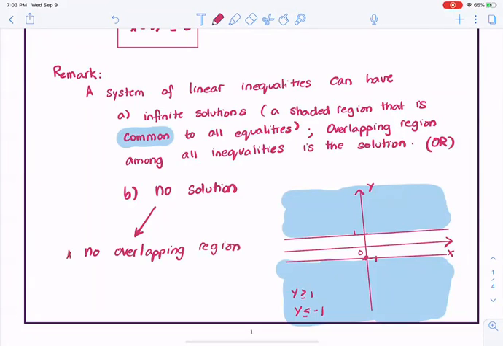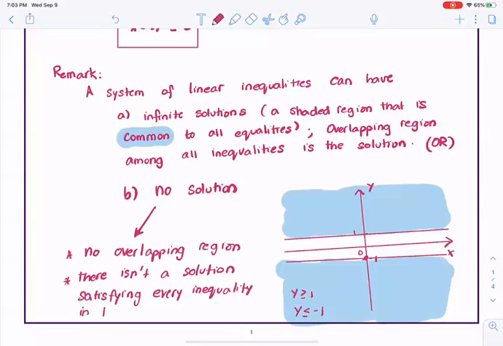And it also means there isn't a solution satisfying every inequality in the system.